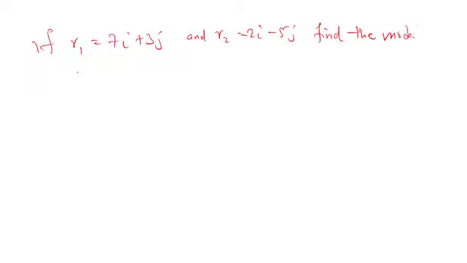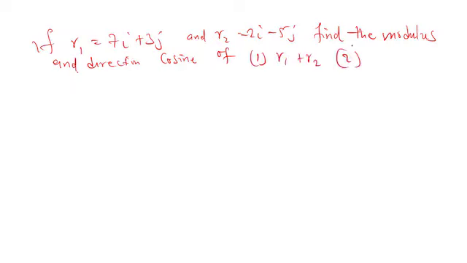If r1 equals 7i plus 3j, and r2 is equal to 2i minus 5j, find the modulus and direction cosine of 1, r1 plus r2, and 2, r2 minus r1.